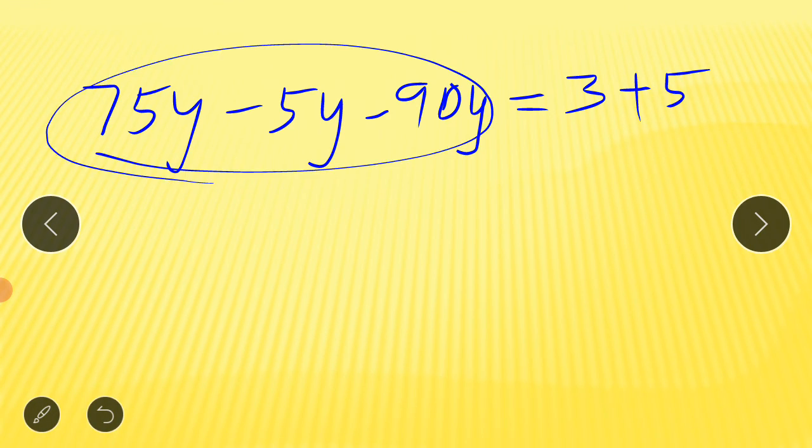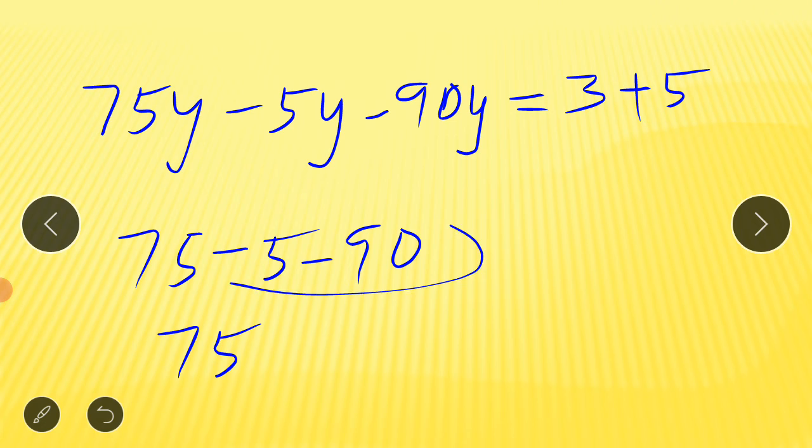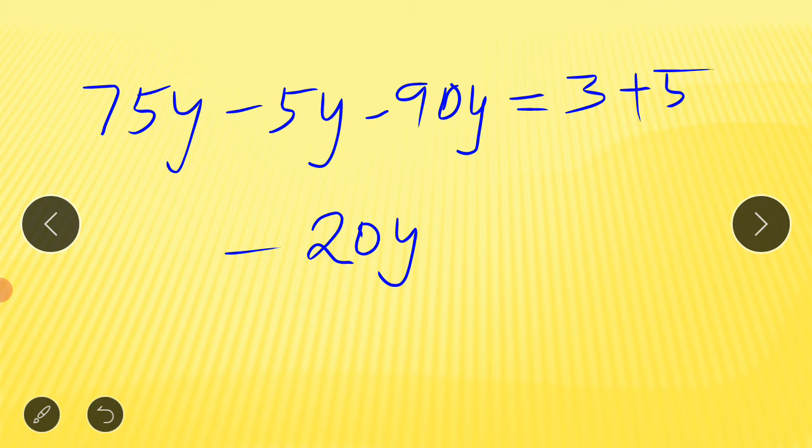Now let's simplify this. 75 minus 5 minus 90: 75 is the positive integer and the remaining are negative, so minus 95 we get. Unlike signs, subtract, the greater number's sign, minus 20. We will have minus 20y equal to 8.